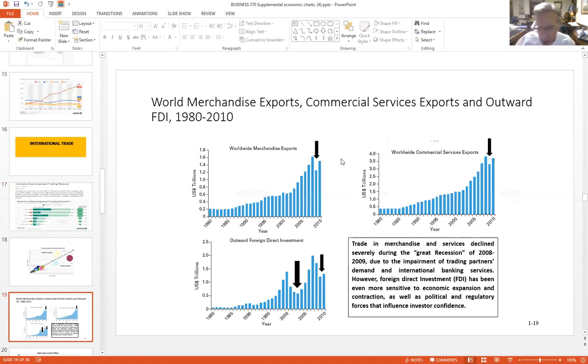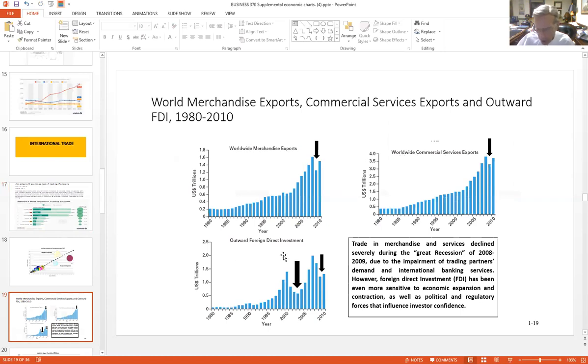So our services exports dropped at about the same amount when we convert to dollars as merchandise.